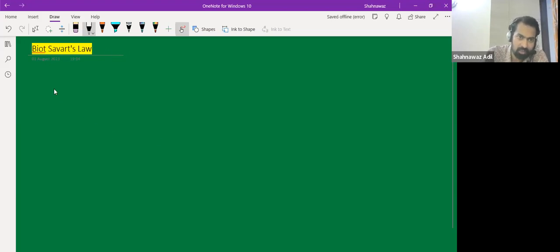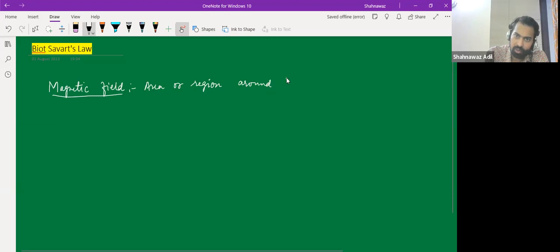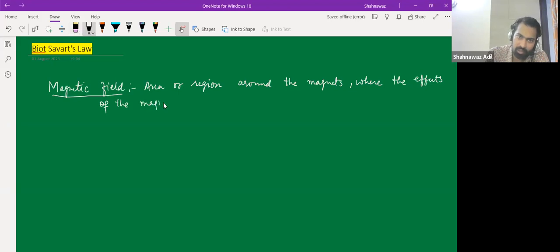So first, let us talk about this magnetic field. It is the area or region around the magnets, or current carrying wire, where the force or the effects of the magnetic material can be felt or experienced.